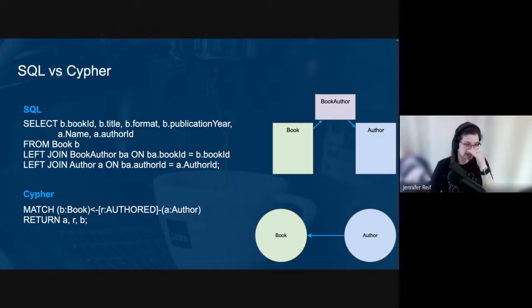So that's one thing that graph really does well across. This query is actually not that massively complicated. It's not that bad in SQL. If you're only dealing with 10,000 books, 12,000 authors, probably not that bad. But if you're dealing with hundreds of thousands or millions of rows on each table and you're doing lots of joins, that's where things get really cumbersome, potentially very slow. And that's what Cypher and graphs have over relational databases in that area.